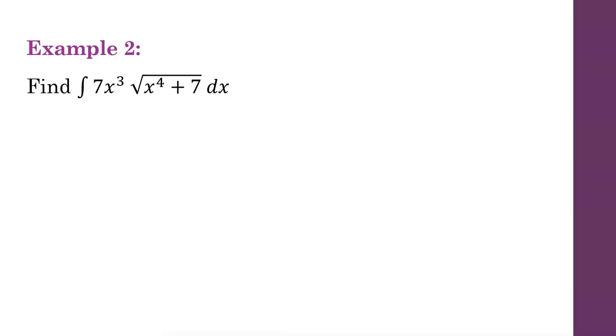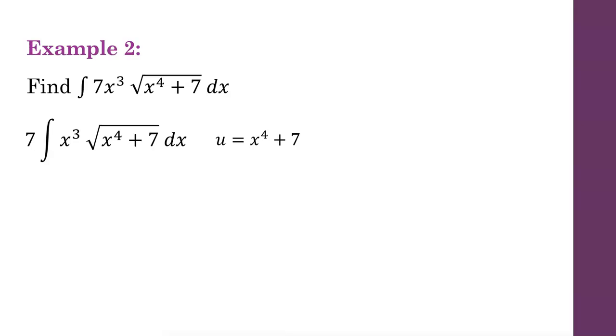The first thing we're going to do is take the 7 out of the integral, use one of our integration rules to get a nicer integral inside, so the 7's not bothering us, and then go ahead and replace things. So I know u is going to be x to the fourth plus 7, so I'm just going to get square root of u, which is much more manageable.